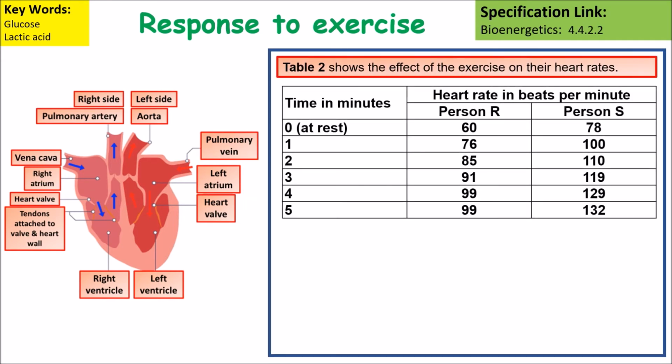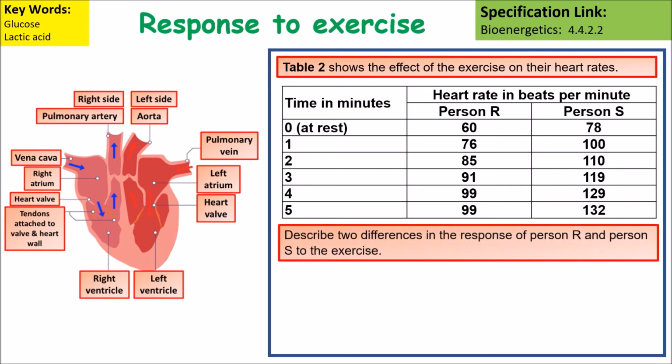If we look at this table, it shows the effect exercise has on two people's heart rates. We look at describing two differences between the response of these two people.